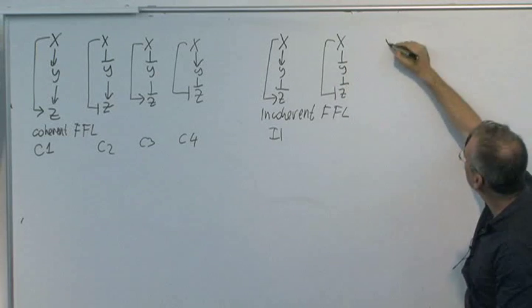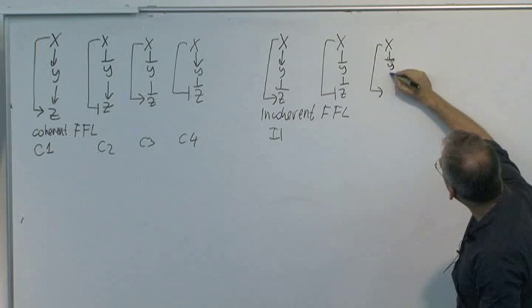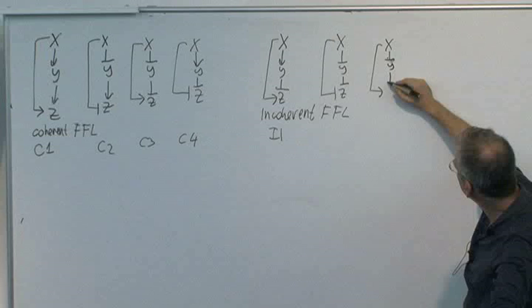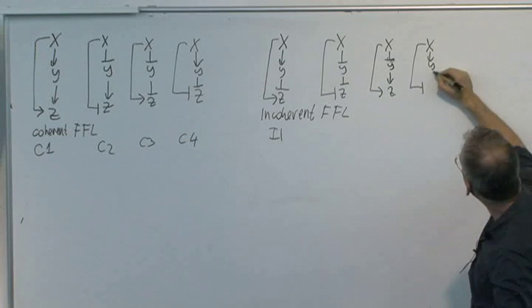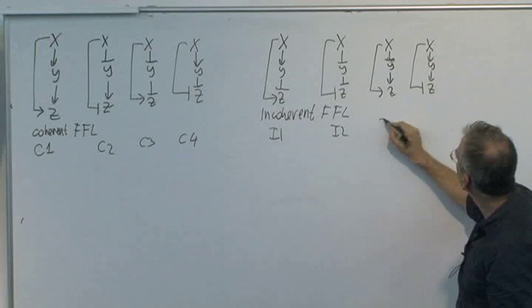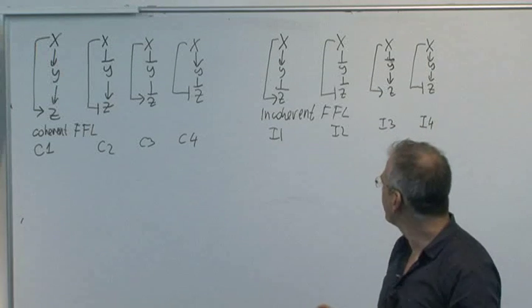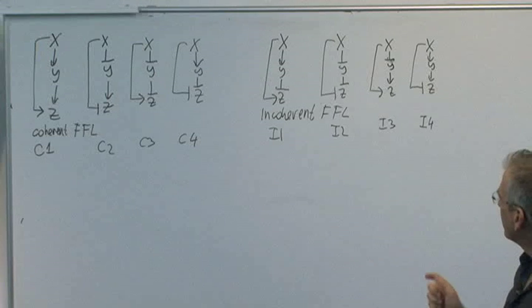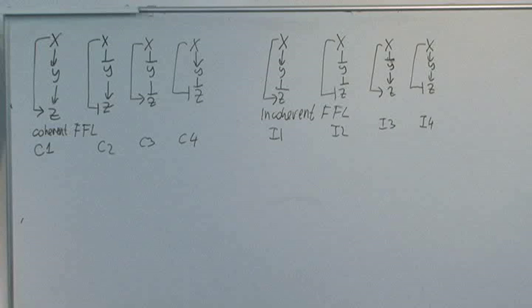This is plus and minus. You can activate and repress an activator, and you can repress and activate an activator. Okay, so this is I2, I3, I4. You can notice the coherent feed-forward loops always have an even number of minuses, and the incoherent feed-forward loops have an odd number of minuses, 1 or 3. So we're going to actually discuss both types.